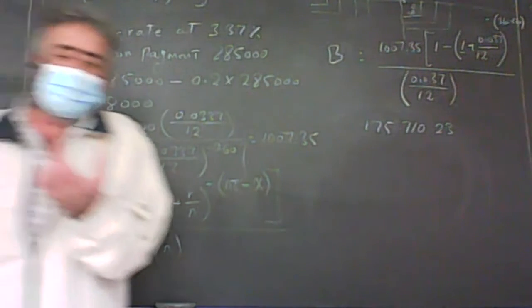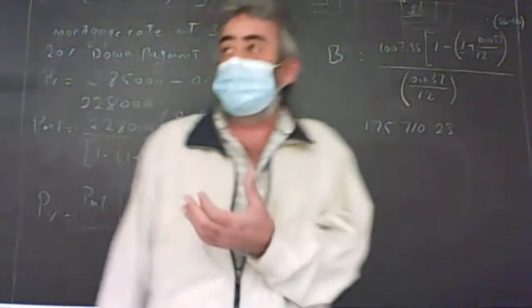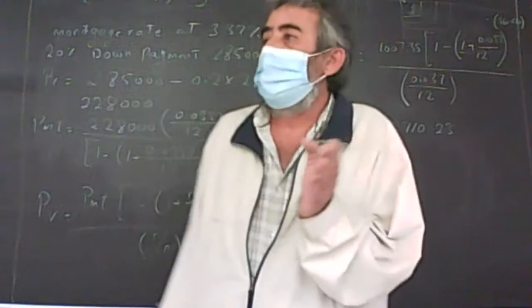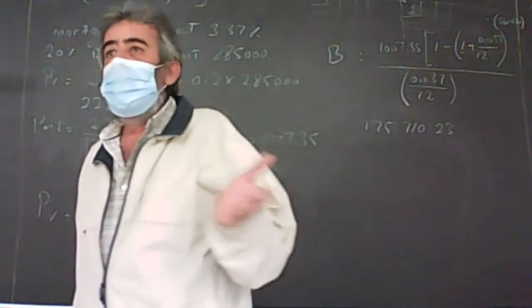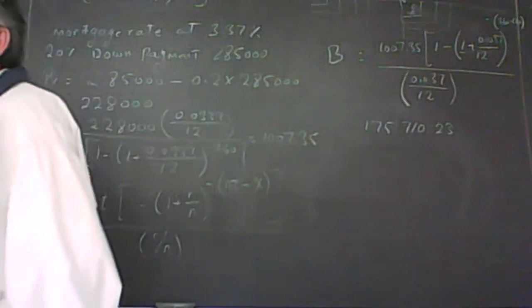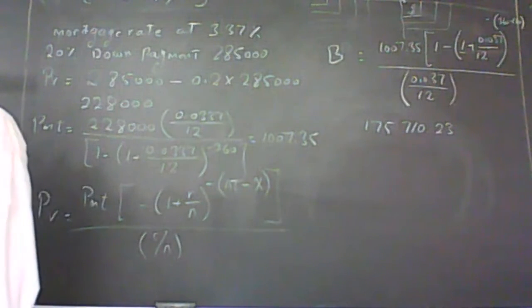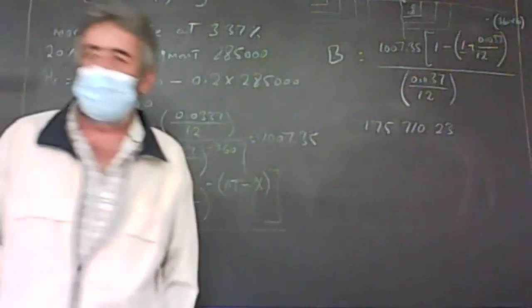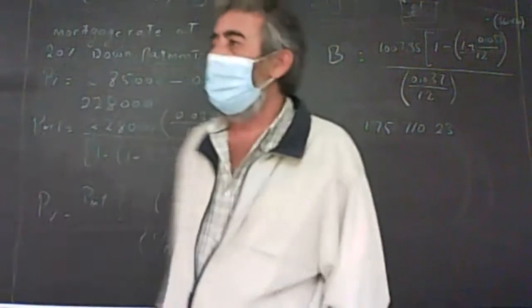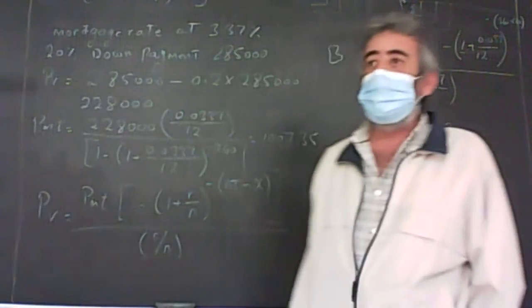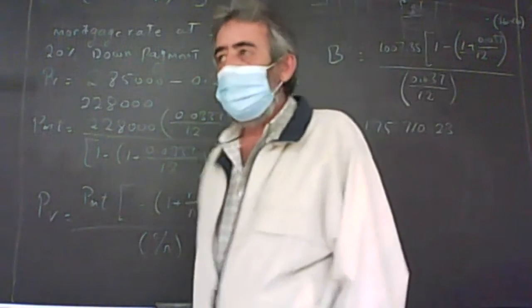The payment you made, a part of it goes to interest and part of it goes to principal. To see how much goes to principal and how much goes to interest, let's do a little bit of an amortization schedule.